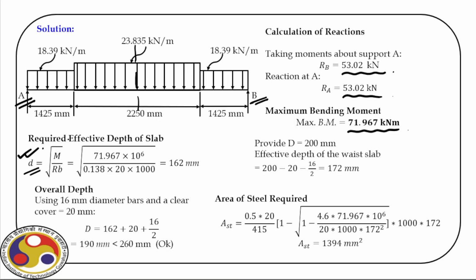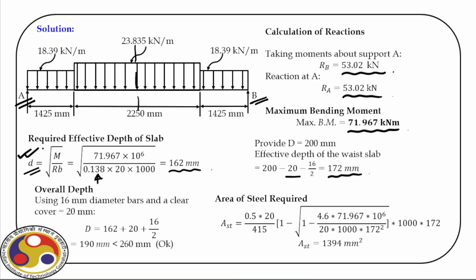You know how to calculate this capital R; we have already done that earlier. Effectively, our desired depth is 162 millimeter. So we provide 20 millimeter clear cover and design with 16 millimeter bars.